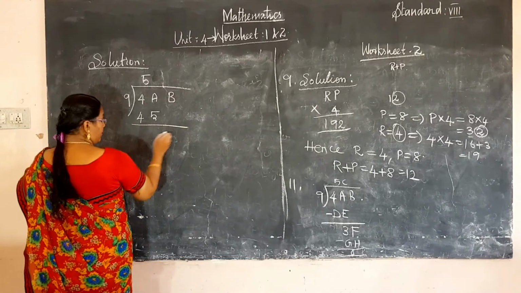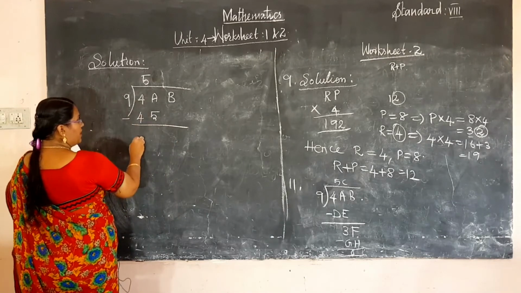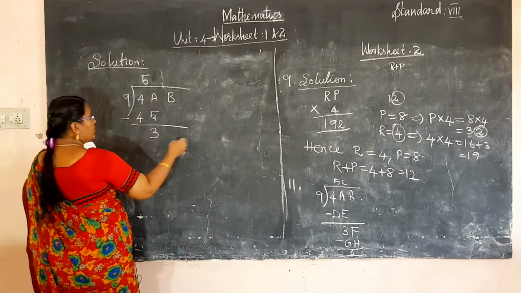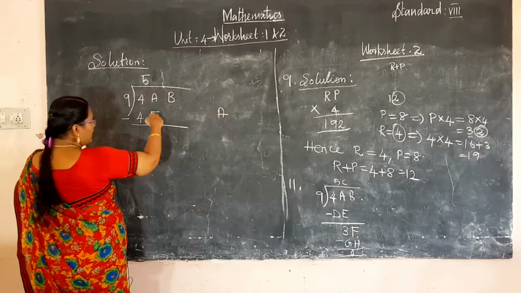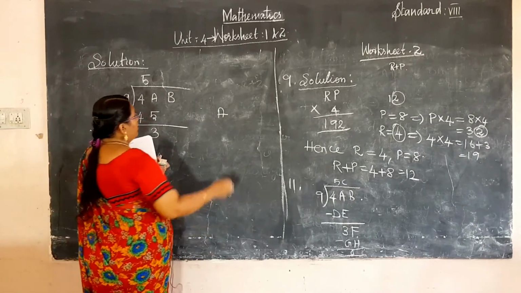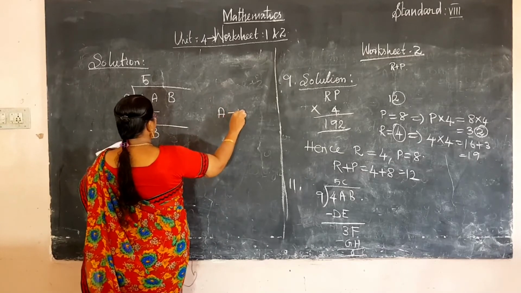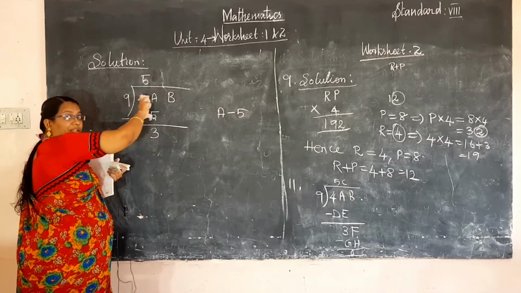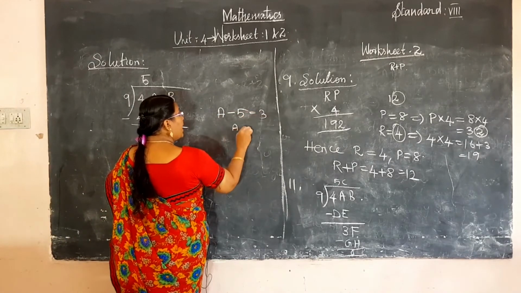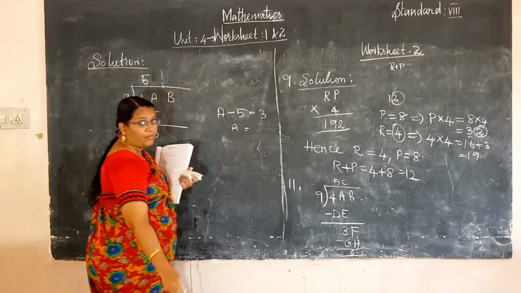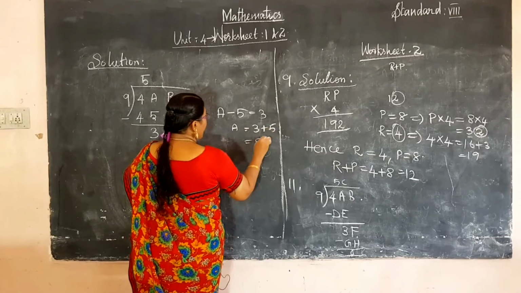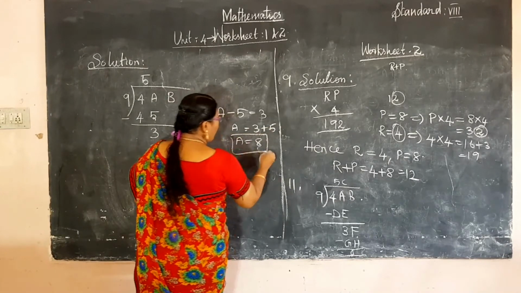Subtract, and this value will be 0. Here the value 3 is given. So which operation is possible in this place? a minus 5 equals 3. So how to find the a value? Move minus 5 to the other side by the transpose method. So 3 plus 5 is 8.